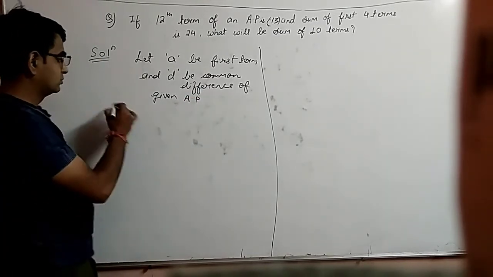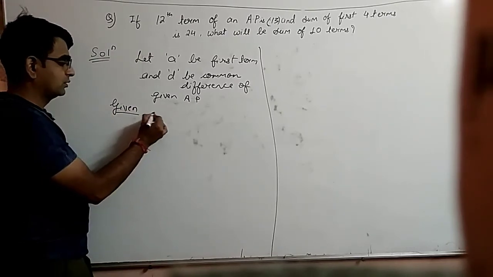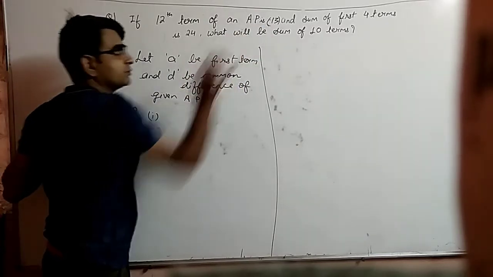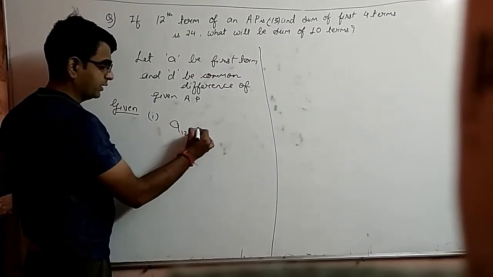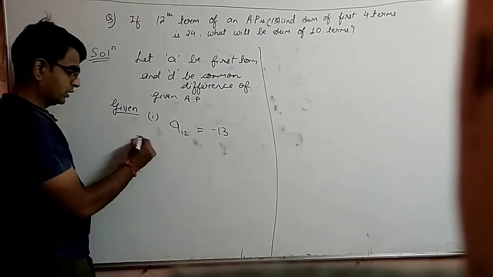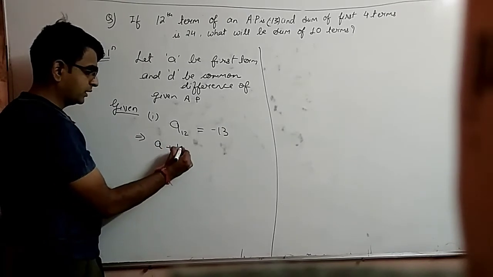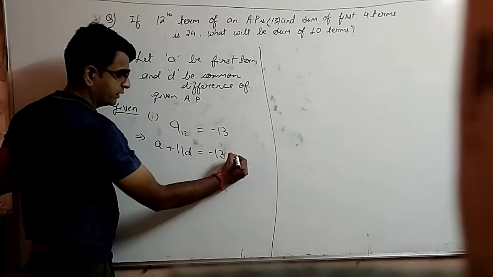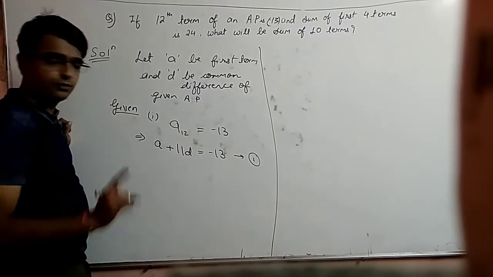Okay, now just use the given conditions. What are the conditions? That the 12th term is minus of 13. That means we are given A12 is minus 13. So A12 can be written as a plus 11d, which is equal to minus of 13. Let this be equation first.